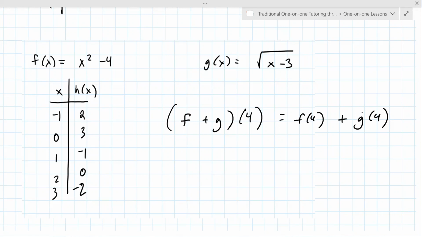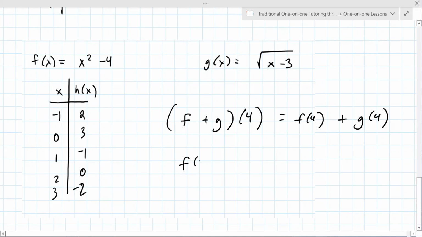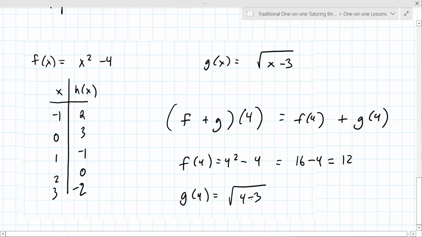So you're putting 4 in for x, right? Yeah, both cases. So f of 4 means 4 squared minus 4, which is 16 minus 4, 12. And then g of 4, same thing. It's the square root of 4 minus 3.